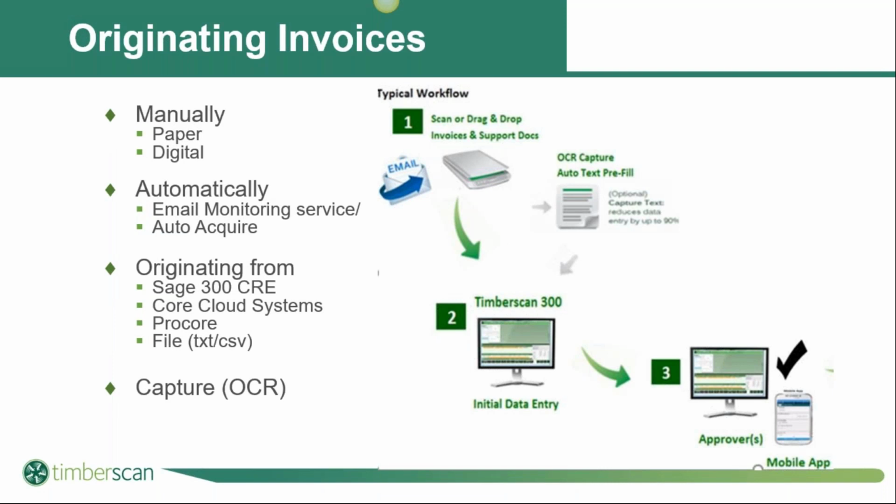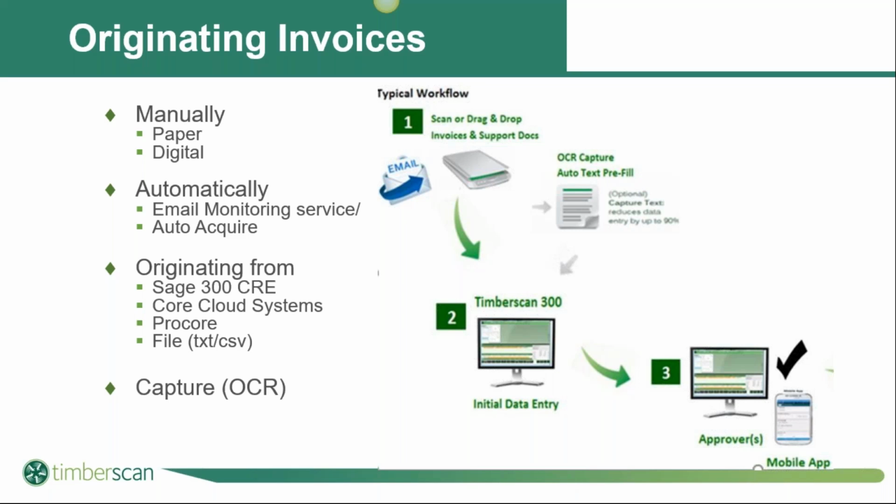As you'll see, we can manually acquire our vendor invoices or set up our email monitoring system, which can pull designated email boxes that you specify, strip those PDF and TIFF attachments from vendor emails, and automatically save them to a designated location for quick pickup in TimberScan Acquire. We can also acquire invoices that originate in Sage or our own core cloud systems products.